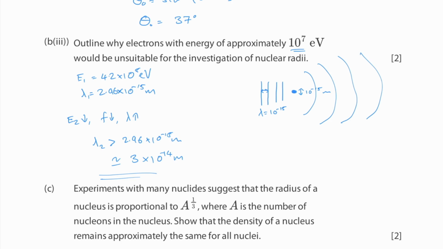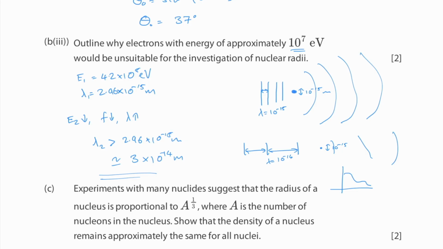If your wavelength is much larger, 10 to the minus 14 is much larger than the size of the nucleus, diffraction is less. And that really screws up the experiment, because you won't then get your graph that looks like this for the intensity, and you can't really do much with it.